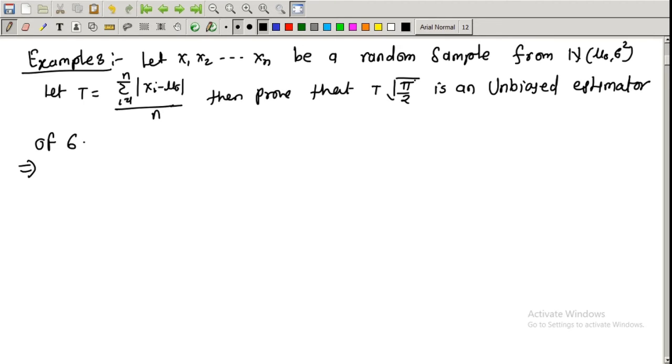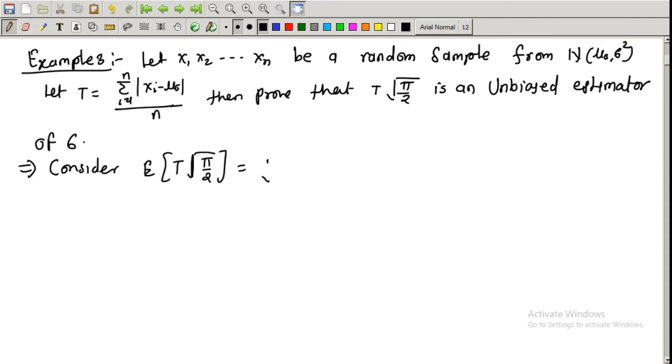So to prove this, first we consider expected value of t under root pi by 2. If the answer of this term is sigma, then we can say that t into under root pi by 2 is an unbiased estimator of sigma.